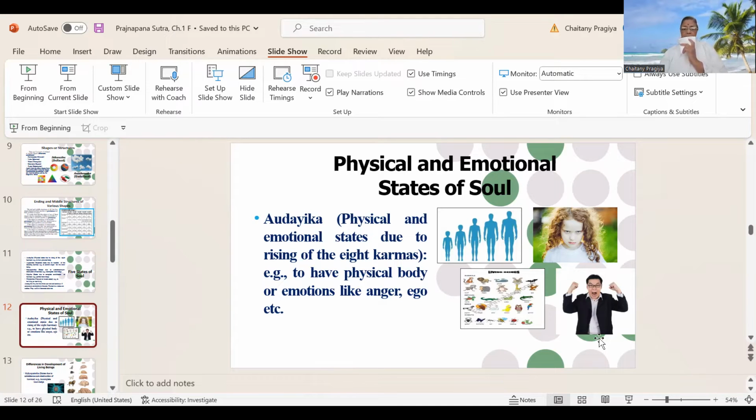Maybe because of ill health or other circumstances, we can get angry. But whenever we get angry, it is because of the rising of some anger-producing deluding karma. So these emotional and physical states are mainly caused by the rising of the karmas.